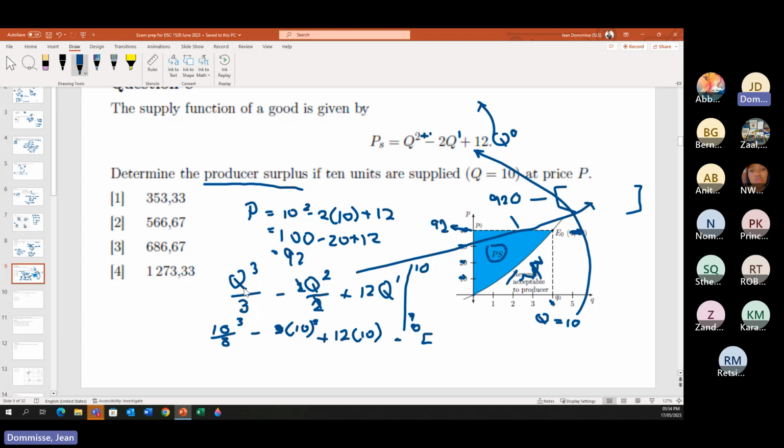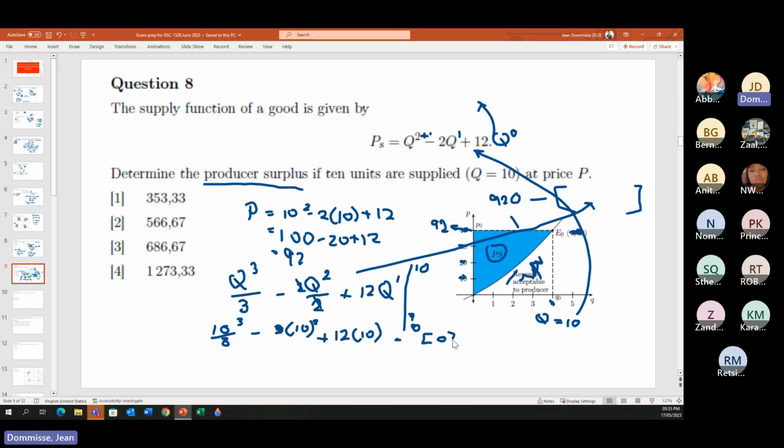If I put in 0 there, 0 to the power of 3 is 0, so that's not going to make a difference. 0 to the power of 2 is 0, it stays 0. 0 to the power of 1 is 0, so what we're subtracting there is 0. If it was 1, it would have been different.